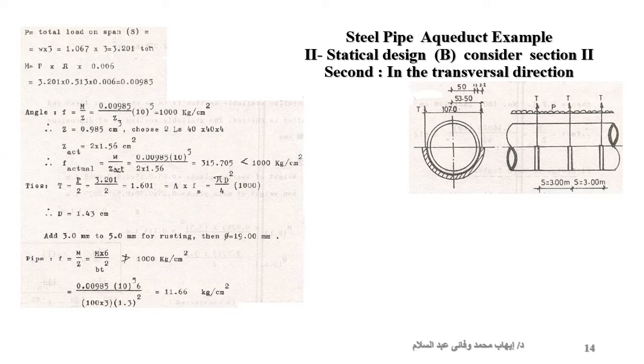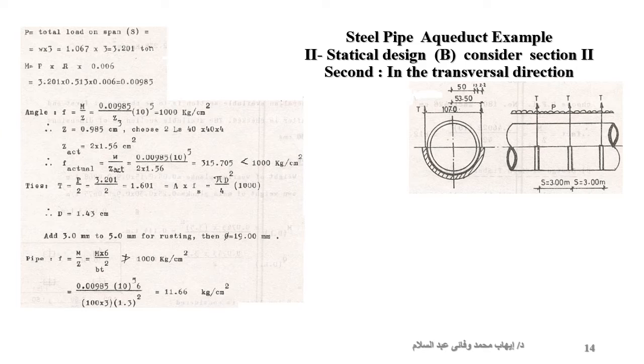For this reason, we try to find all P and moment. We design angle, this in direction of transversal direction. Angle, we design it as a section 40 multiply 40 multiply 4, choose 2 angles 40 multiply 40 multiply 4.